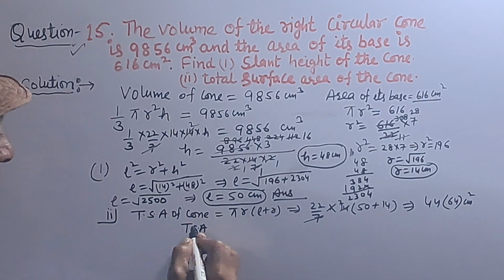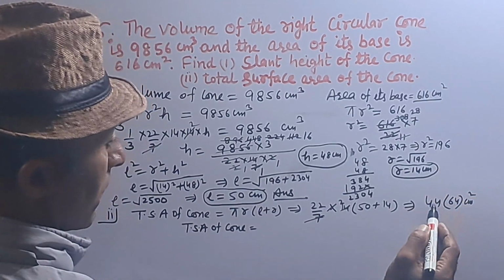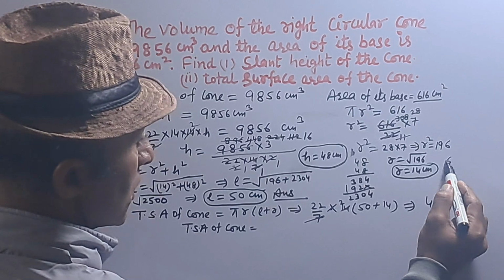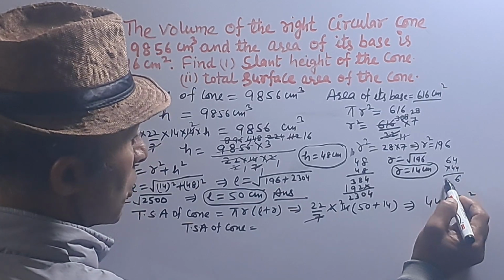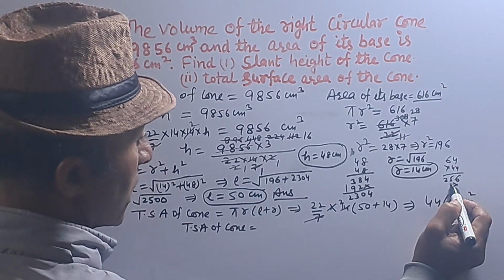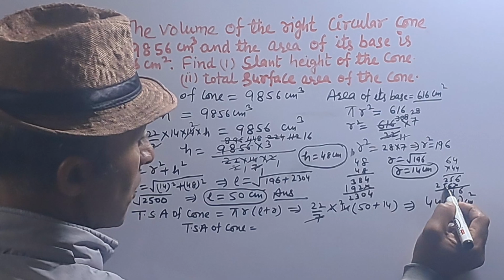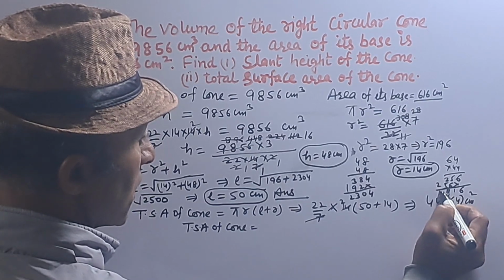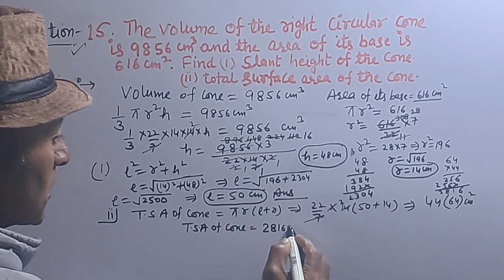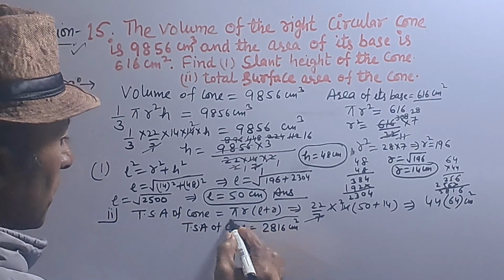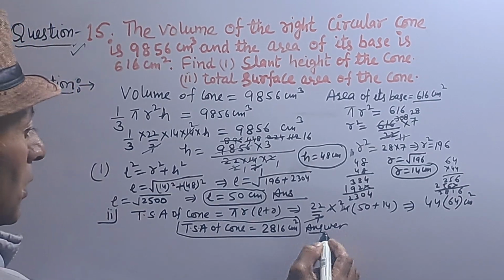So TSA of cone equal to 64 into 44. 4 4s are 16, 6 4s are 24, plus 1, 25, 2816 centimeter square. Answer.